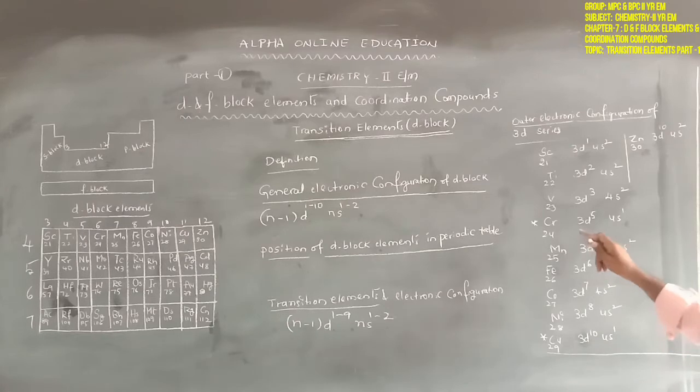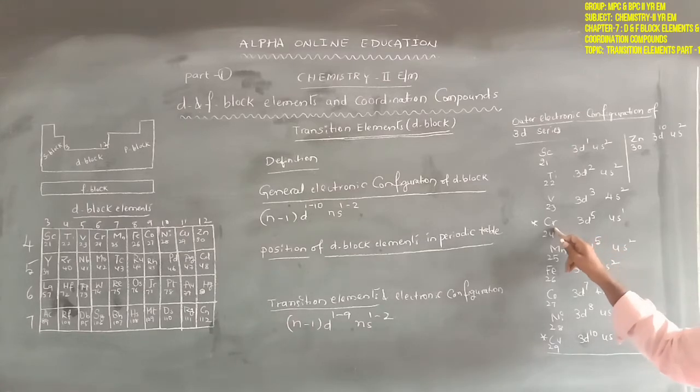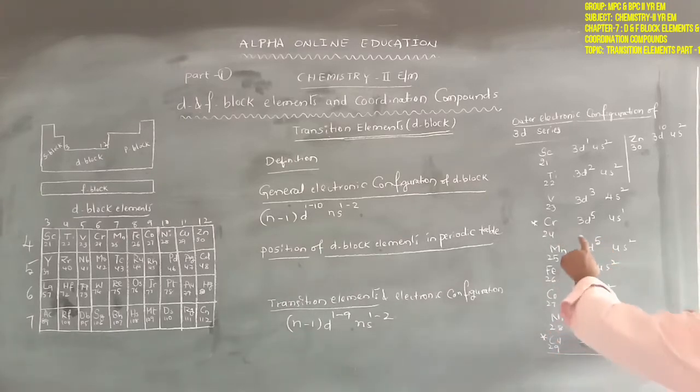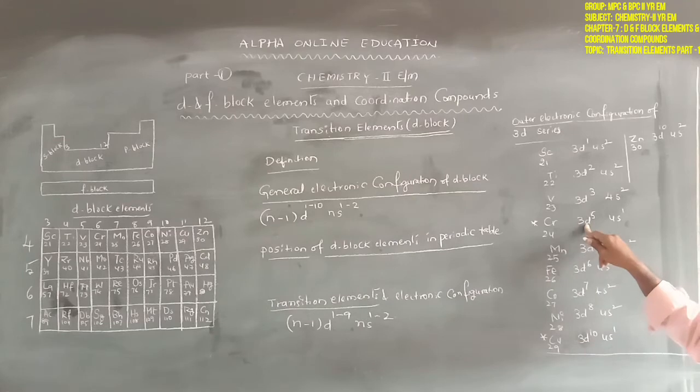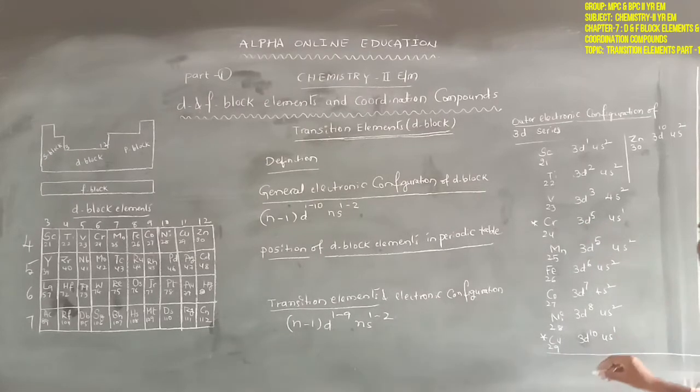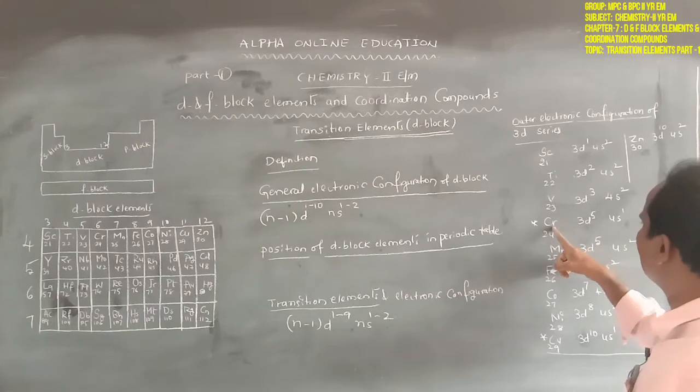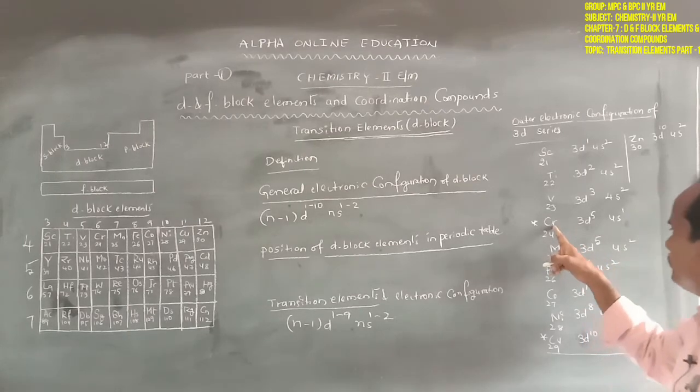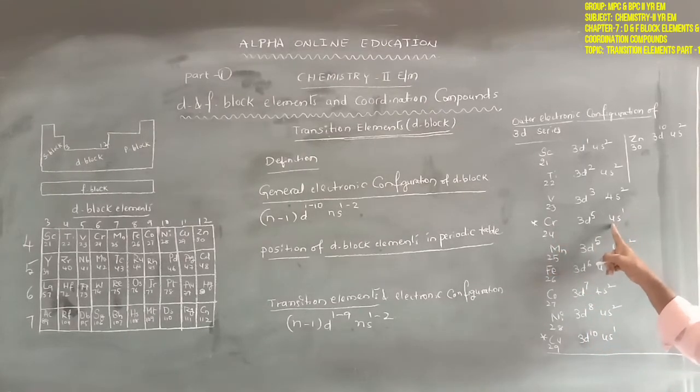Half filled or completely filled electron configuration causes more stability. The d orbitals are 5, so when there are 5 electrons in d, a half filled configuration exists. Due to this reason chromium is more stable, because of its anomalous electron configuration. Then manganese is 3d5 4s2.